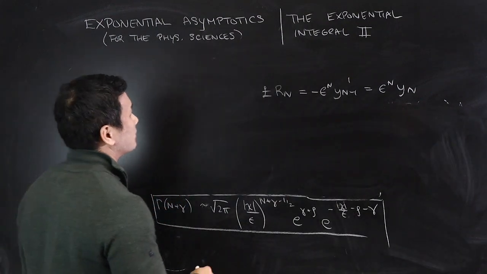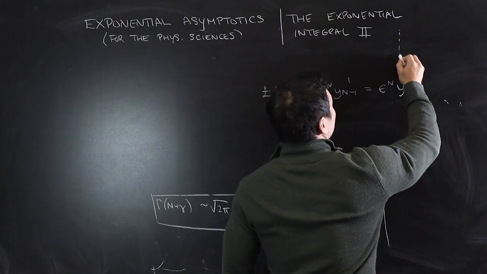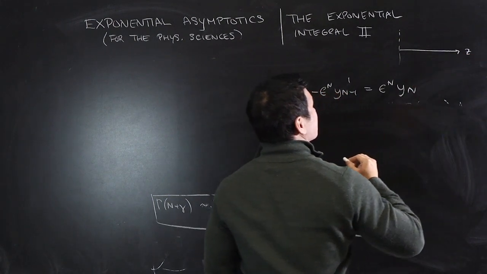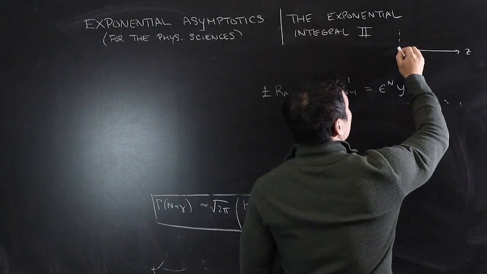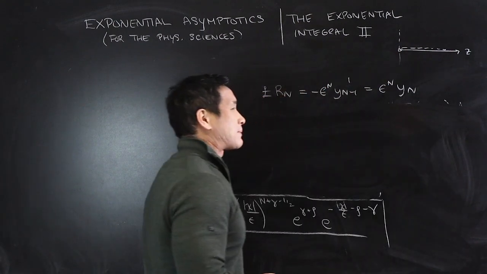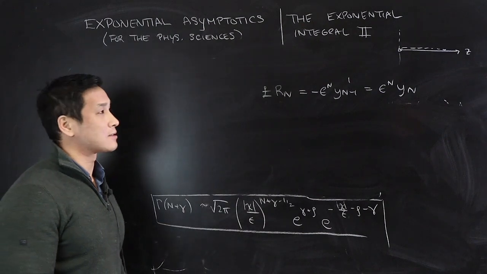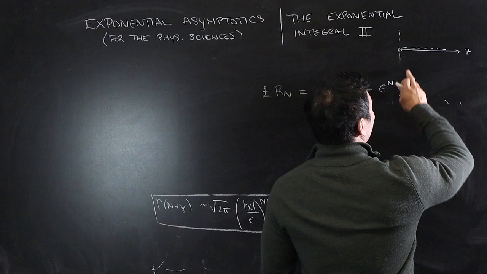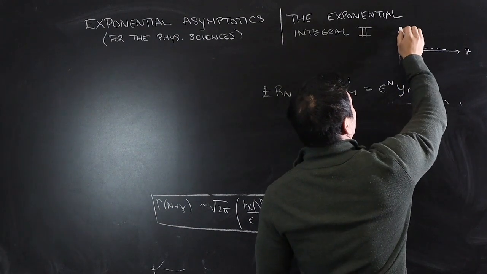Basically, the end game is, this is the picture we have in our heads. This is the z-axis here. This is the real z-axis. And we sort of know from our steepest descents that we're expecting that there's a Stokes line, this special transition line across the horizontal axis when z is greater than 0. So this is the imaginary part of z.